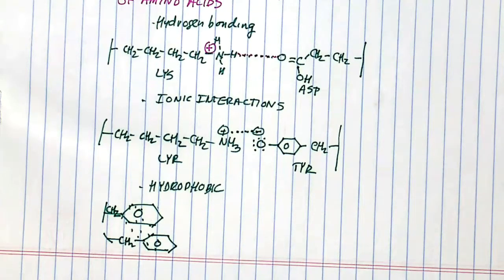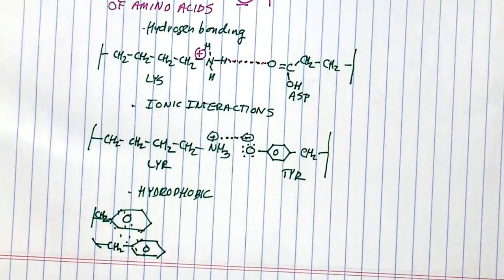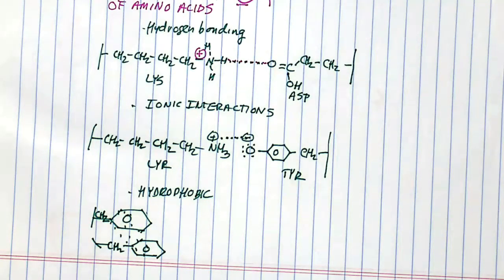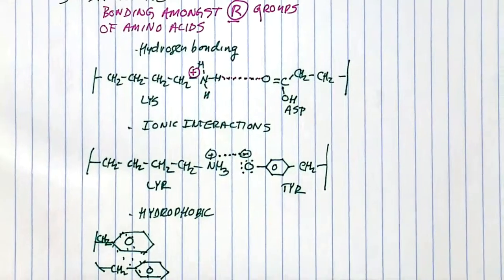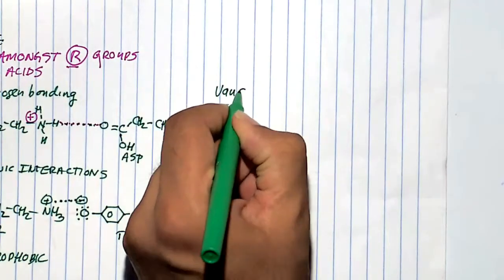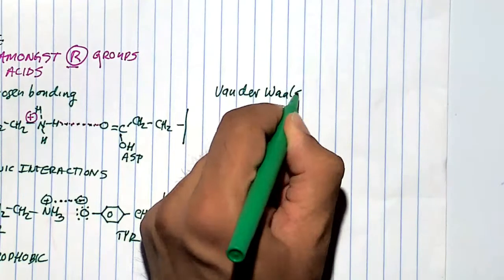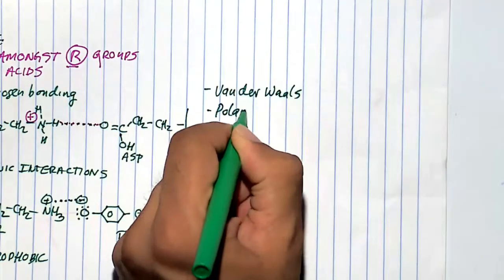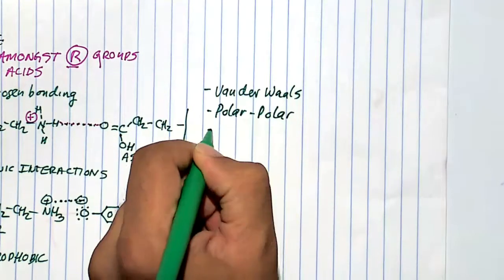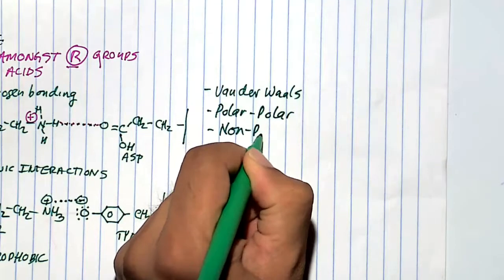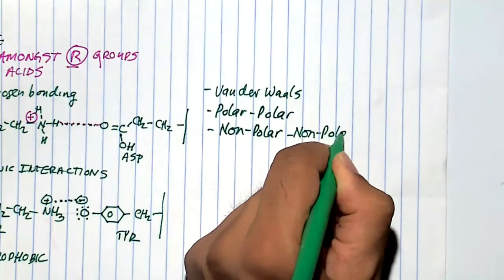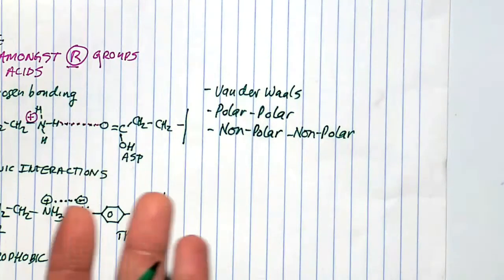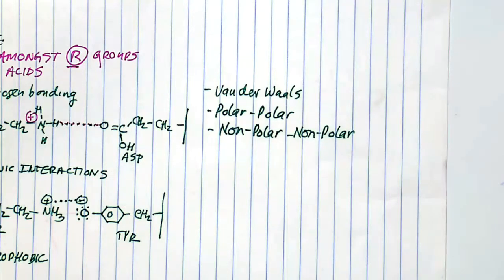You notice I'm talking about side chains and how they want to interact, or in some cases get away from one another. There's hydrogen bonding, ionic, hydrophobic, van der Waals forces, polar amongst the side chains, non-polar. All of these are constructive interactions. They could also be destructive interactions.